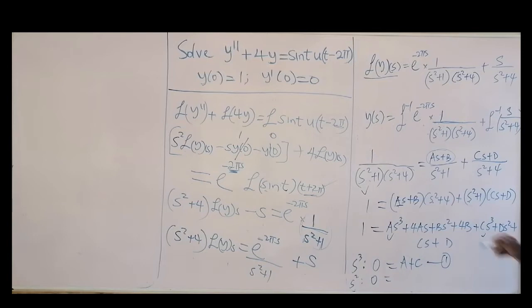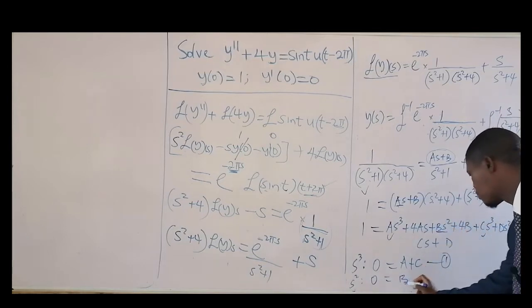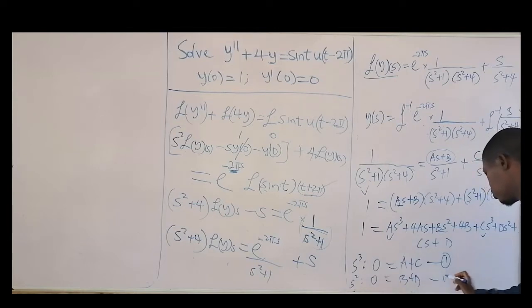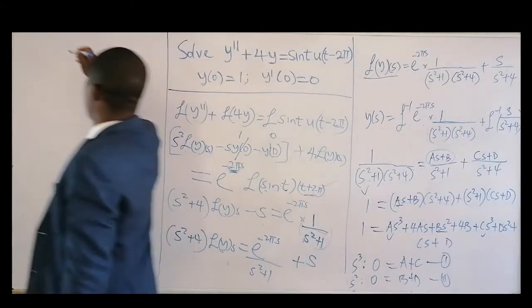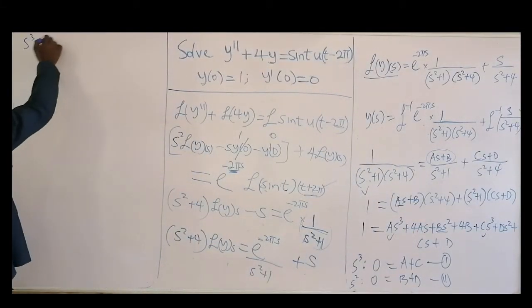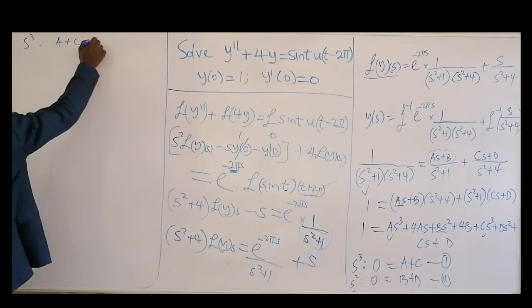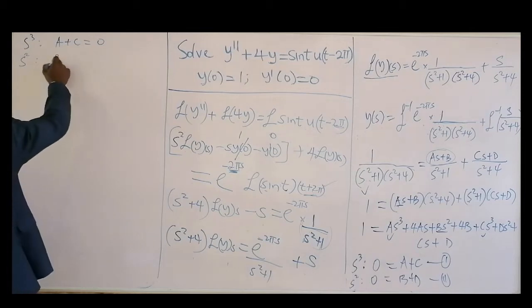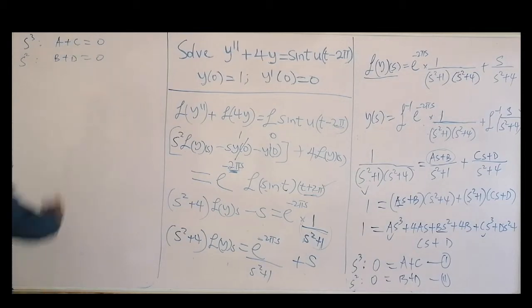That will be b plus d, equation 2. So now we have a plus c equal to 0 for s cubed, and for s squared we have b plus d equal to 0.